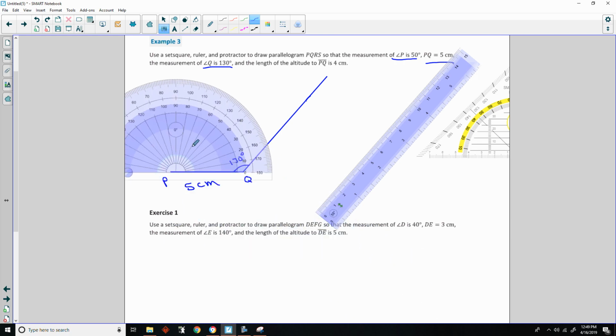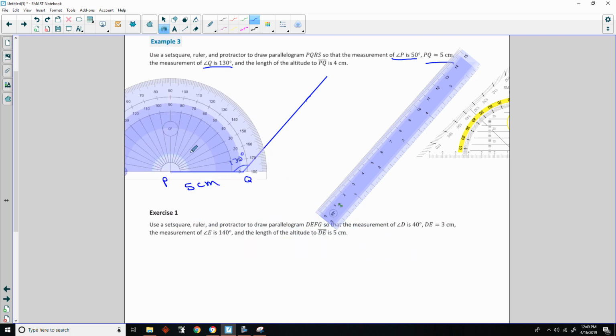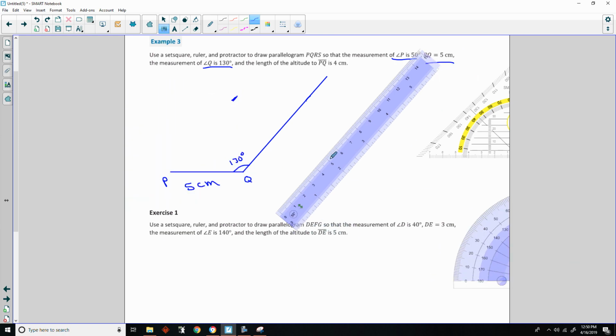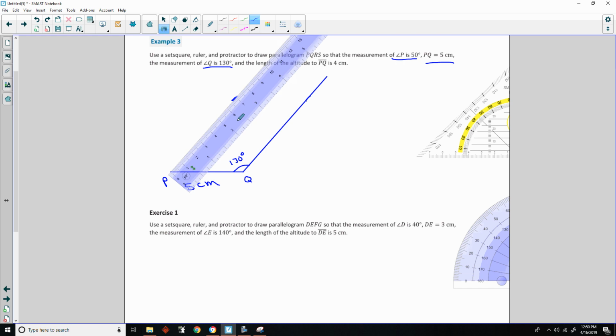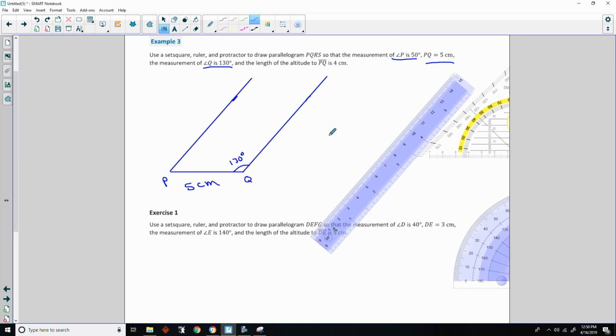So I move this protractor over, put the crosshair right on the end at P, make sure that this is on the line 0 of the protractor. 50 is the same as the outside 130. Here's 50 here, so I would put a mark right here. Move my protractor, bring my ruler over, put it right at 0, and draw a segment that goes through that point I drew right there. Okay. Now let me just erase those little pieces, if I can. There we go.